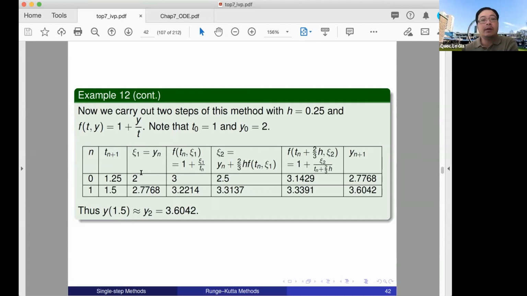So this computes explicitly at least 2 steps. T0 equals 1, and the method has step size 0.25. So T1 is 1.25. You compute xi1 explicitly, xi2 explicitly, and then you compute yn plus 1 and so on.